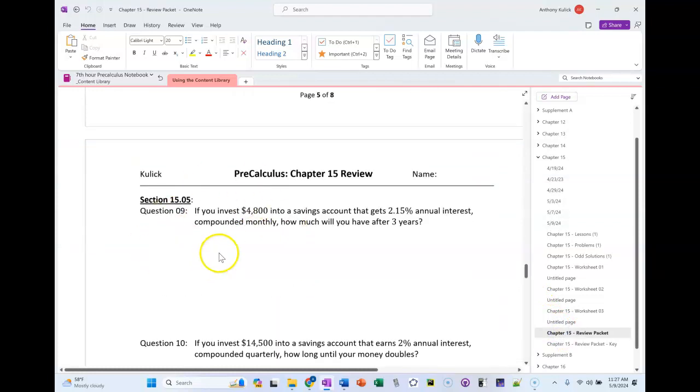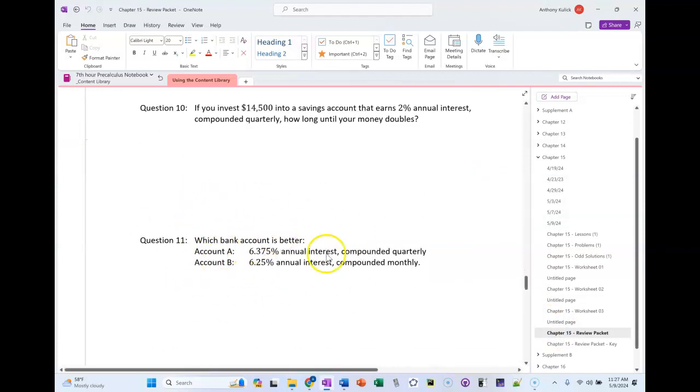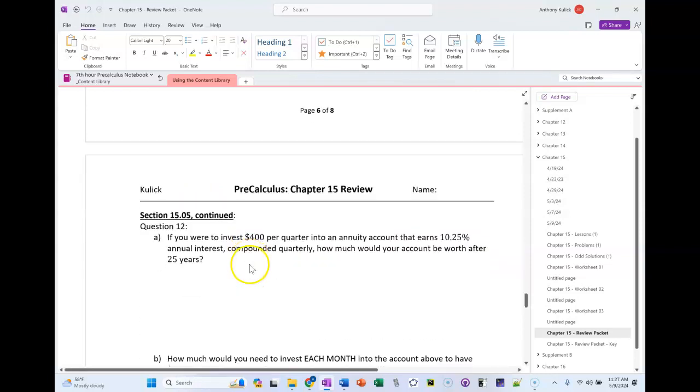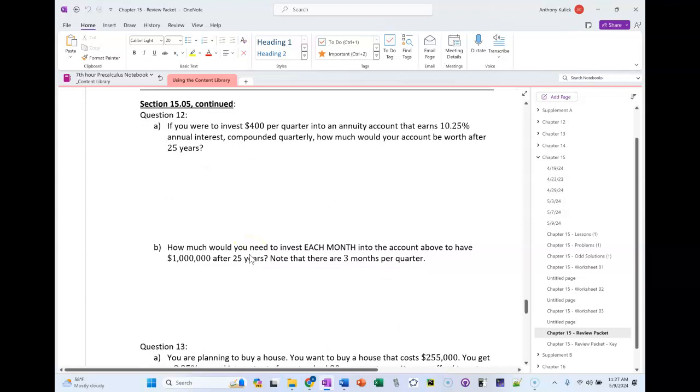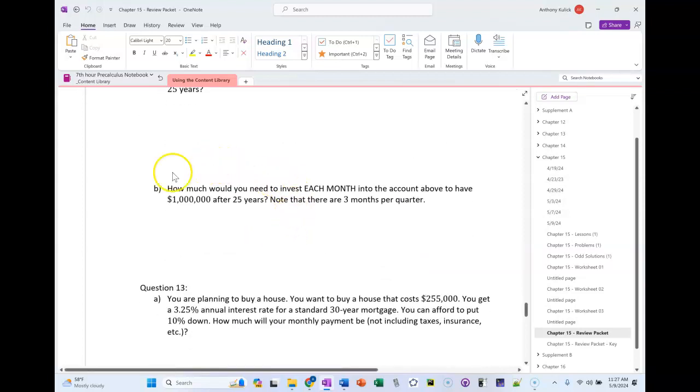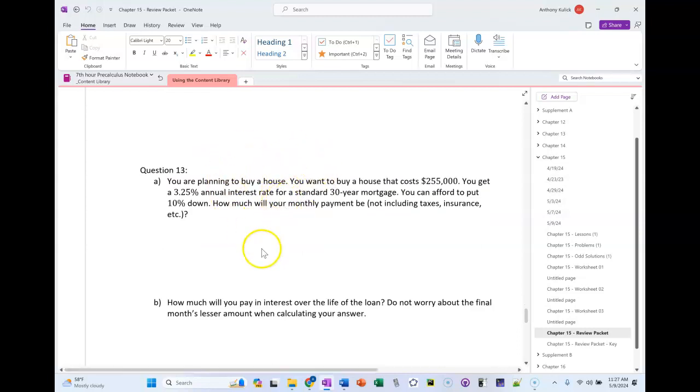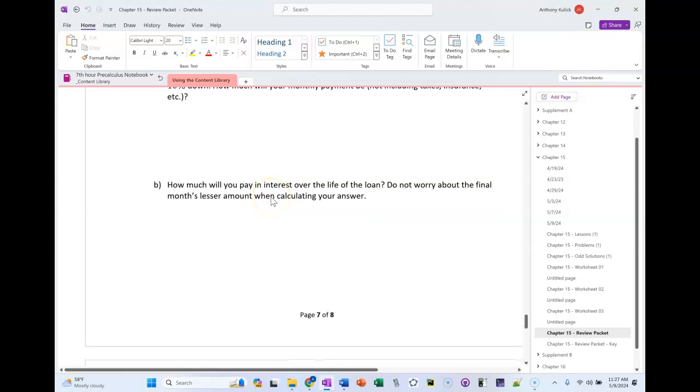Compound interest, APY. This is an annuity investment one. This is a loan one. You get the idea, right? It's basically the review.